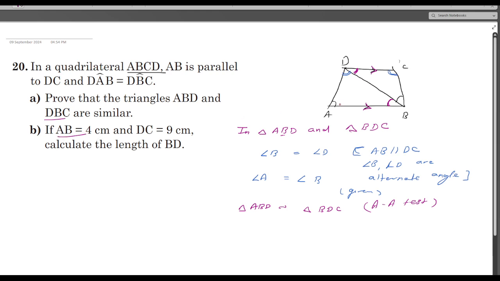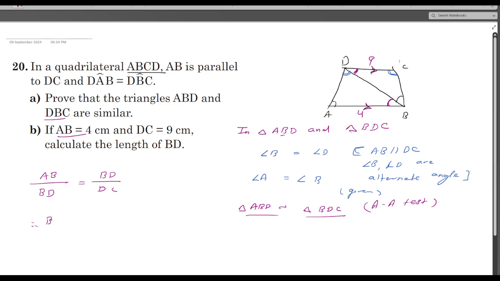Now AB is given 4. DC is given 9. Okay, DC I have to draw longer. DC is given 9. Calculate the length of BD. I have to find out what is the BD length. Okay, so here as these two triangles are similar, I will say that AB divided by BD will be equal to BD divided by DC.